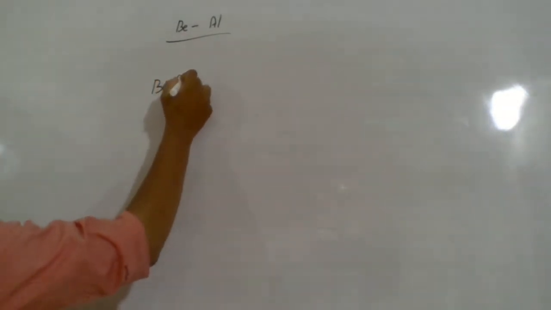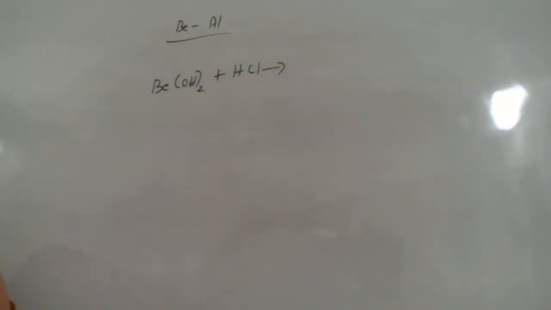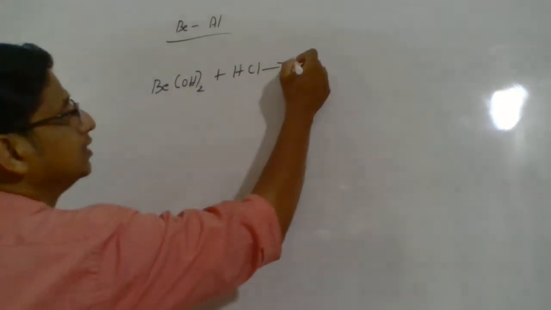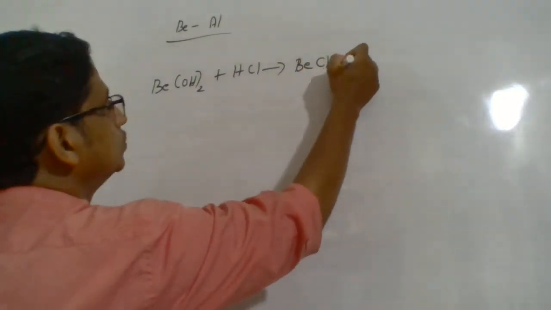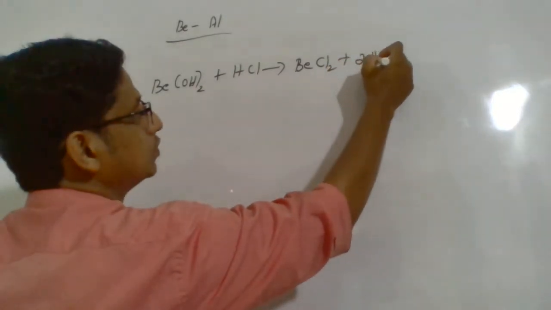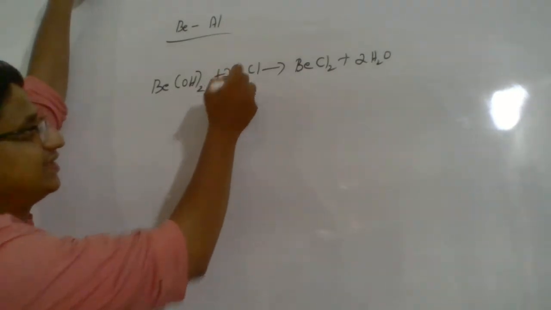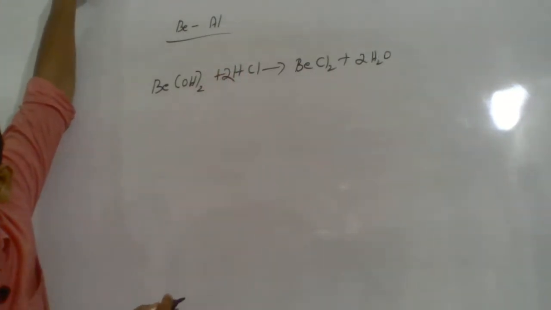For example, beryllium hydroxide, Be(OH)2, reacts with HCl to form the corresponding BeCl2 plus H2O. So here beryllium hydroxide reacts with acid to form the corresponding beryllium chloride.